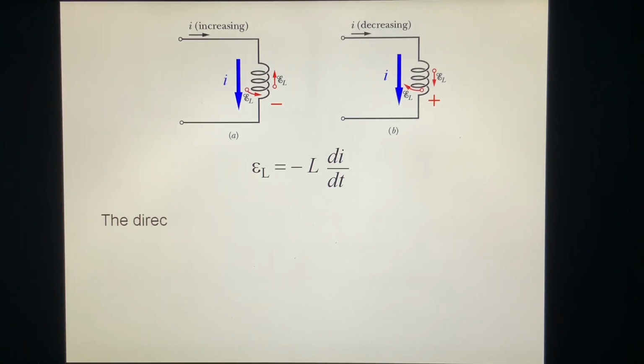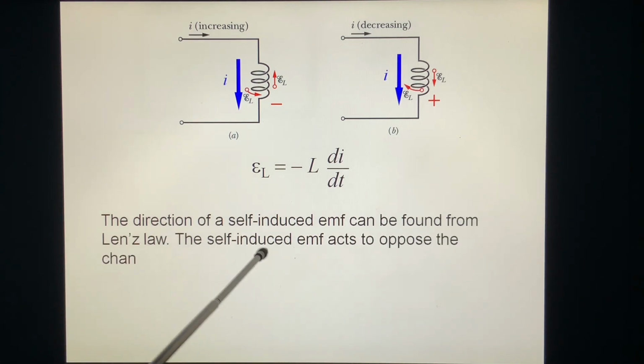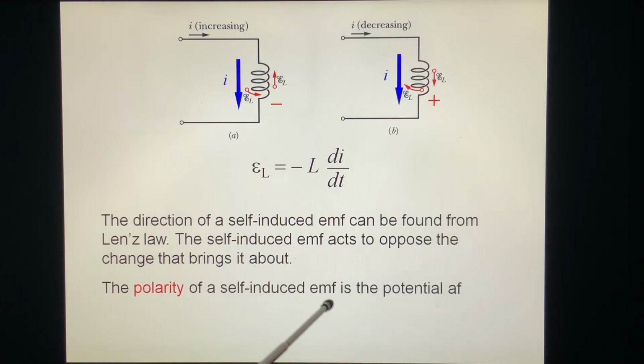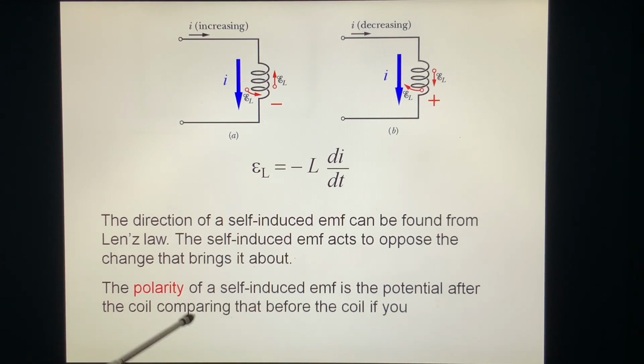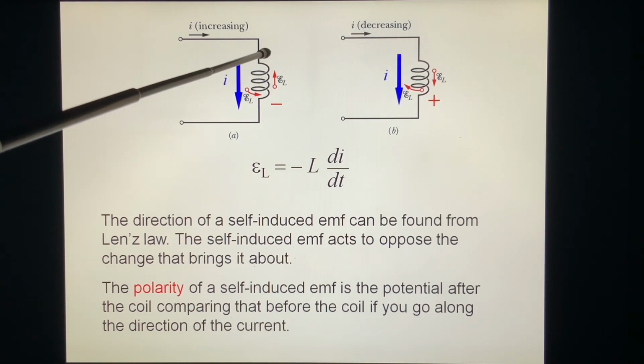The direction of a self-induced electromotive force can be found from Lenz's law. The self-induced electromotive force acts to oppose the change that brings it about. The polarity of a self-induced electromotive force is the potential after the coil compared to that before the coil.